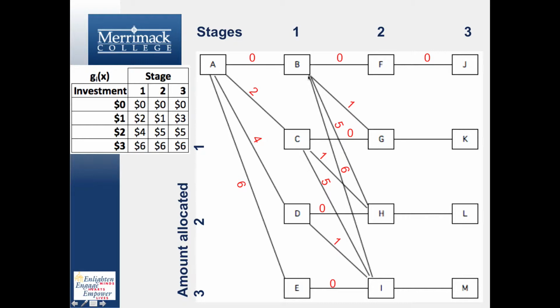If I invest $2 million in stage 2 or dam 2, I get a return of 5. See, I'm going from x equals 0 to x equals 2. So I get a return, and I'm in this stage, I get a return of 5 million. If I invest 3 in stage 2, in dam 2, I get a return of 6.